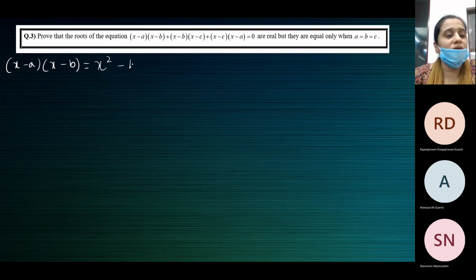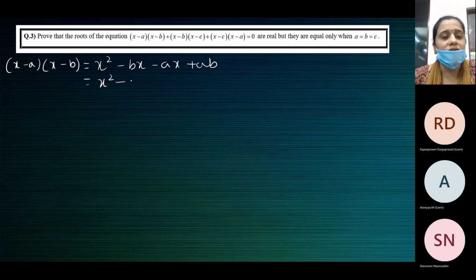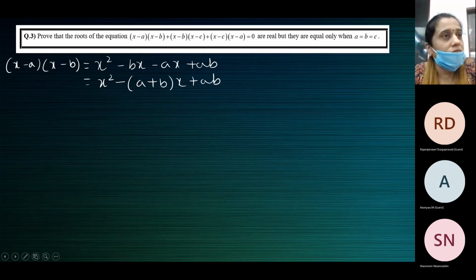X squared minus bx minus ax plus ab, right? You can write it in this order: x squared minus a plus b of x plus ab. Is this correct? Minus ax minus bx, when you multiply, correct?